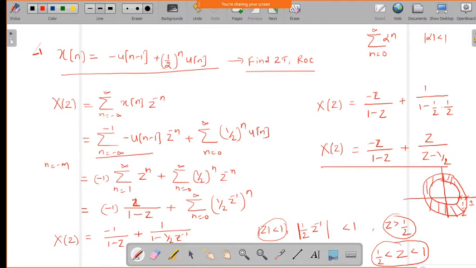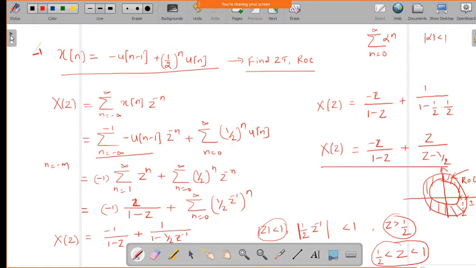Whatever the dashed region is called the region of convergence, ROC. That will lie between half and 1 in the z plane. Okay, is it understood? Any doubt? This is how we have to find the z transform as well as the ROC.